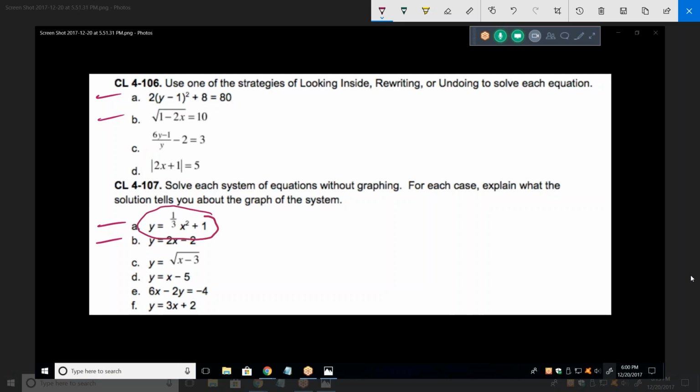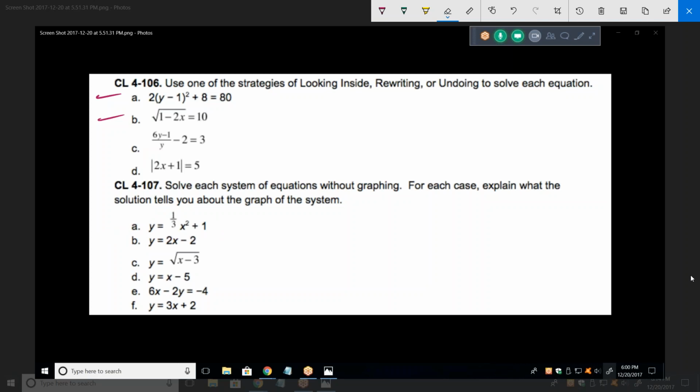Solve each system of equations without graphing. For each case, explain what the solution tells you about the graph. Well, I can only assume that the system of equations he means is A and B. Am I correct? Yeah, I think so.